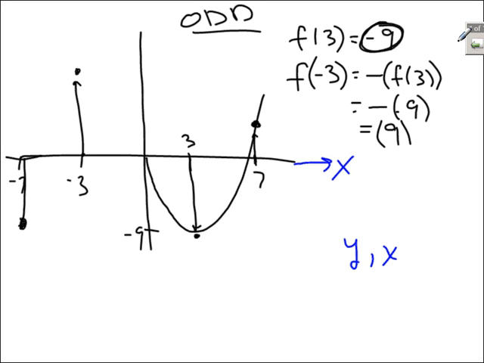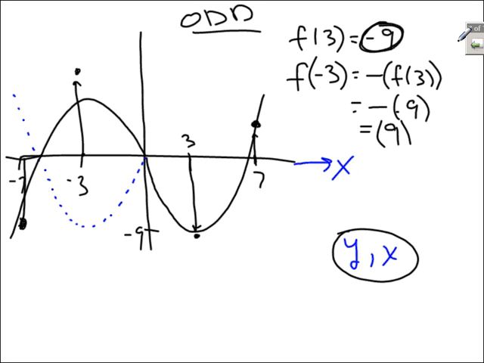Let's reflect across the y-axis. That is going to give us this. And then we reflect what I just drew in the dashed line across the x-axis. And then we get what we're supposed to get. There it is. Okay, that's an odd function. It's a reflection across both the x and the y.